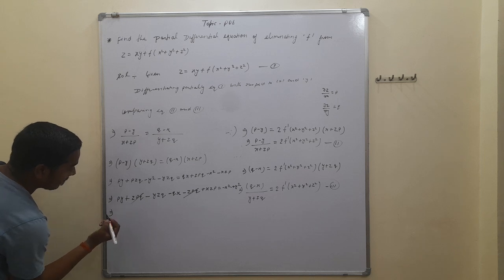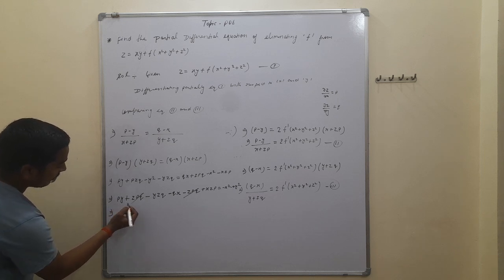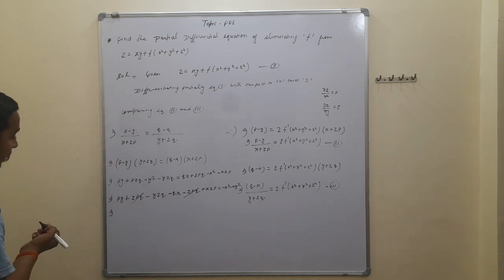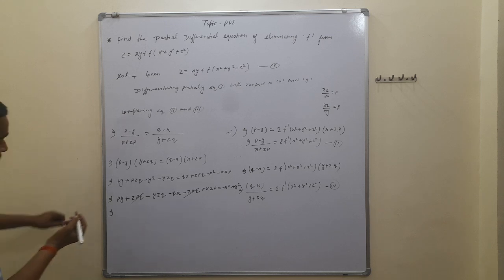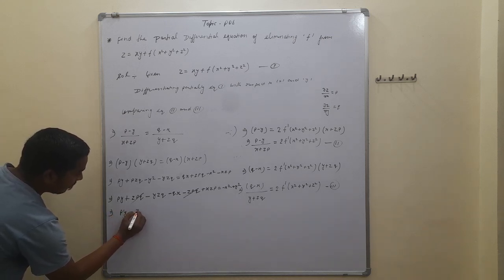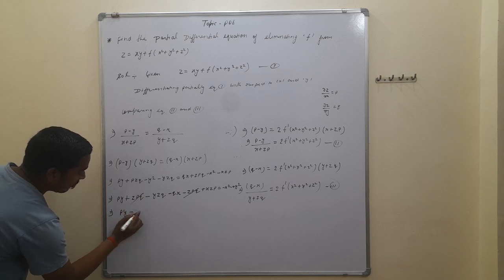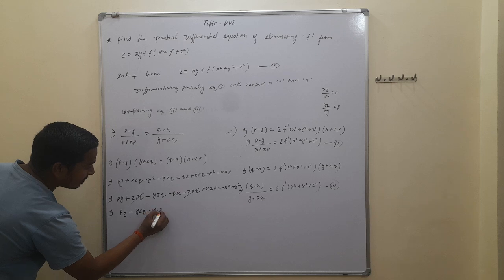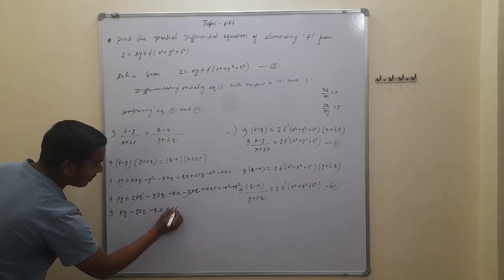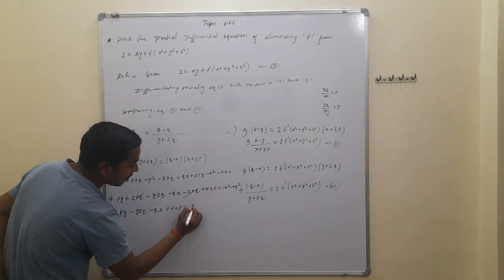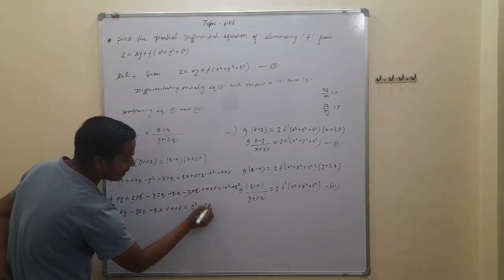This is once again py minus yzq and minus qx plus xzp is equal to minus x square plus y square, written as y square minus x square.